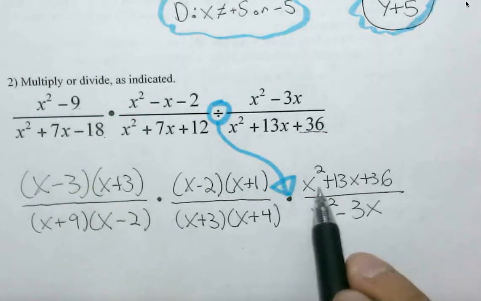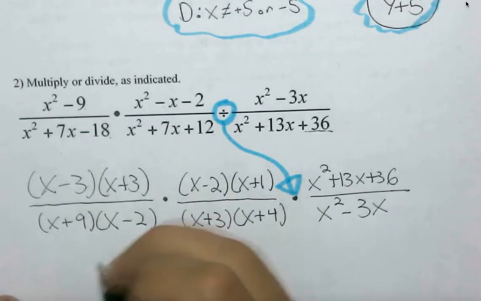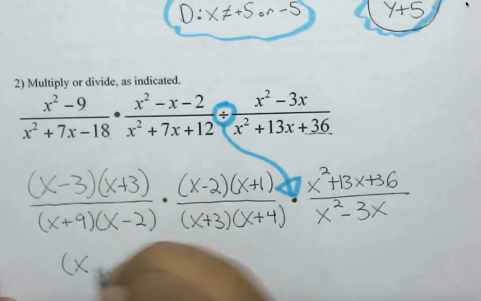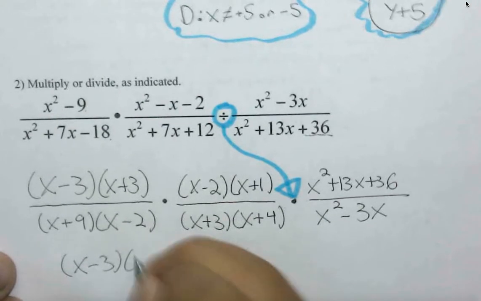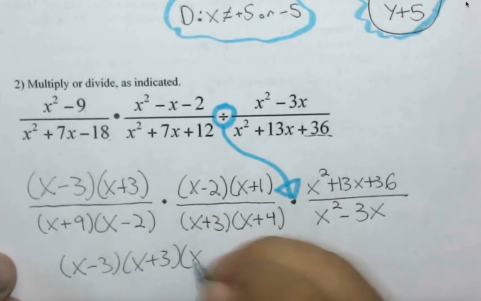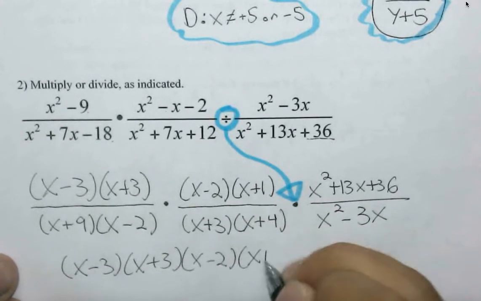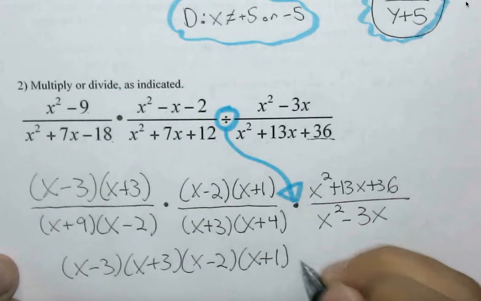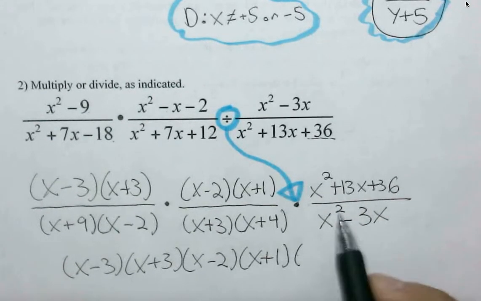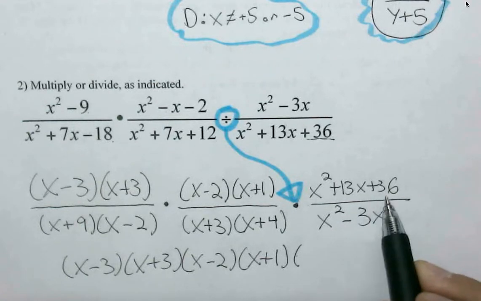So if we continue to factor out this portion, I'm going to kind of bunch everything up onto one fraction now. So I have x minus 3, x plus 3. We're multiplying, so this is fair game to just write this all on the same line. We're now multiplying this with the factored form of x squared plus 13x plus 36.